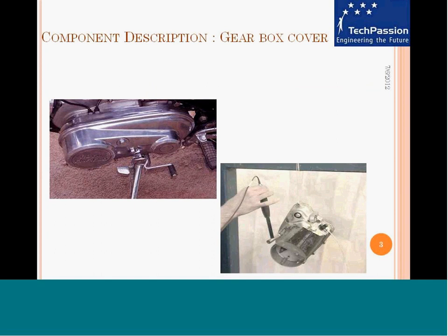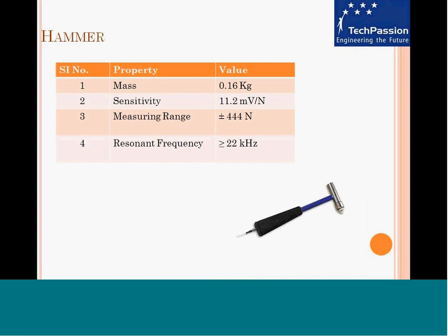This slide shows a description of the component. So this is where the part fits in a motorcycle, and this shows the experimental setup while doing experimental modal analysis. So the experimental setup, in addition to the component, consists of three instruments. One is a hammer, and the hammer is shown in this picture here.